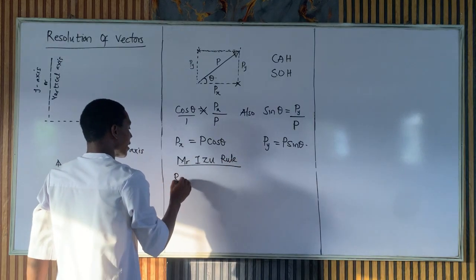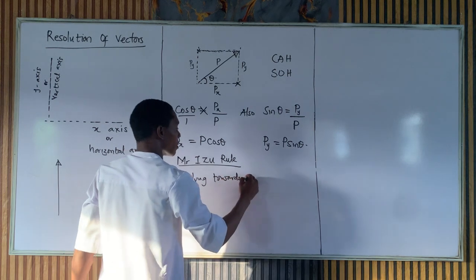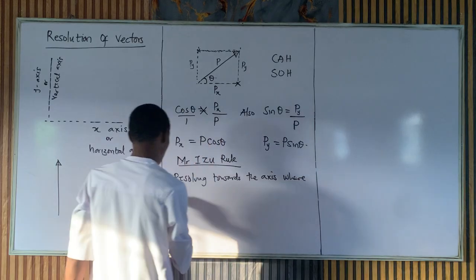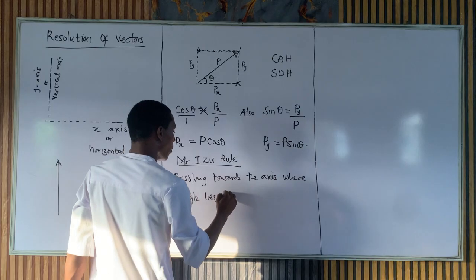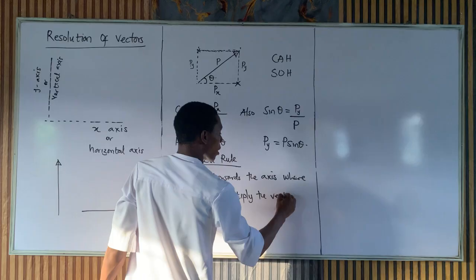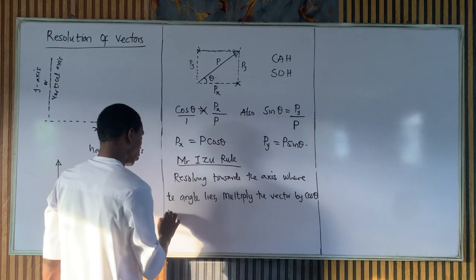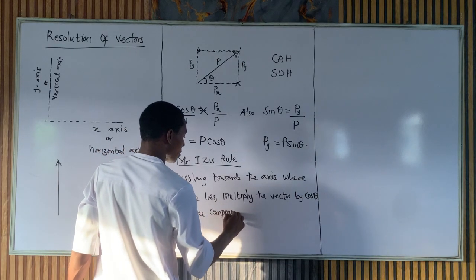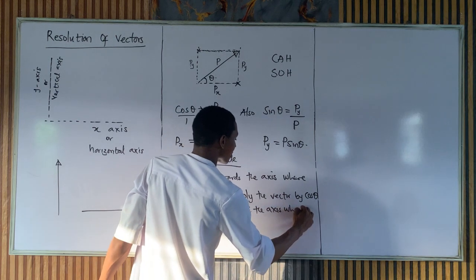And you see, resolving towards the axis where the angle lies, multiply the vector by cos theta to get the component of that axis.